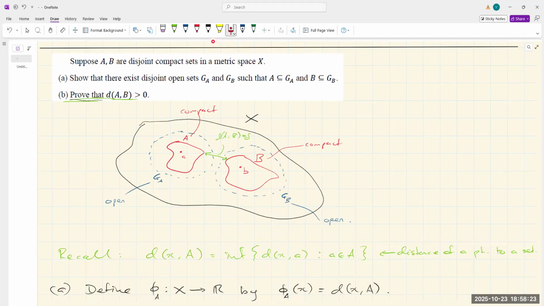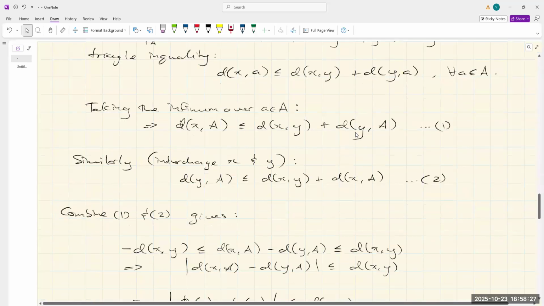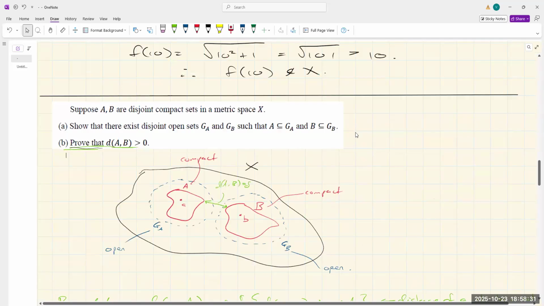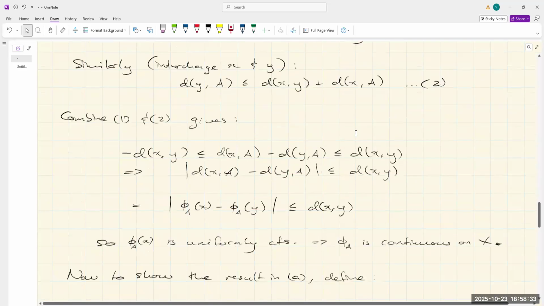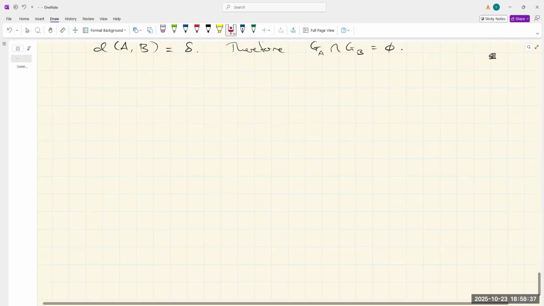So part B is kind of straightforward because we've proven a lot of things about these distances.